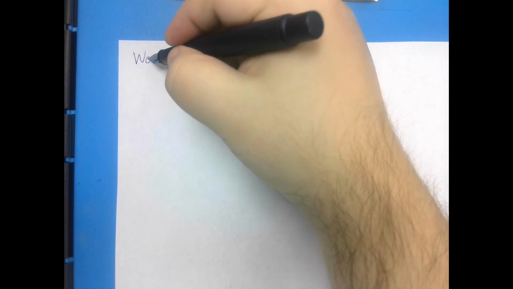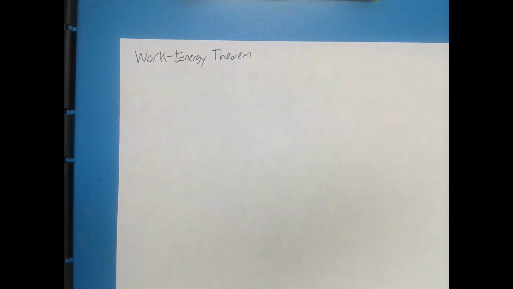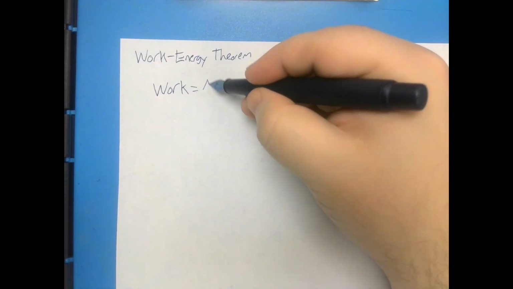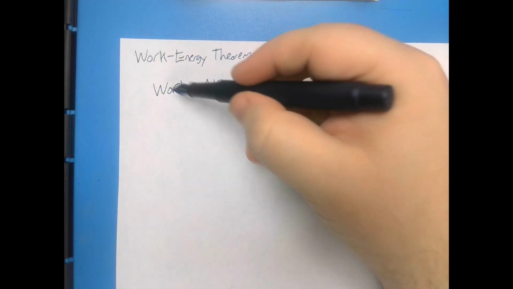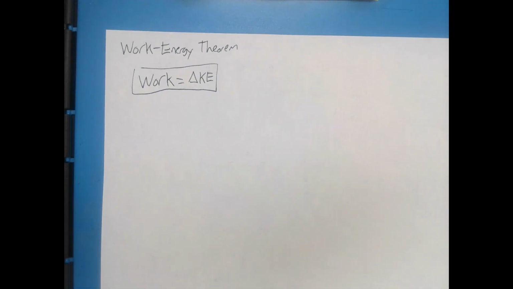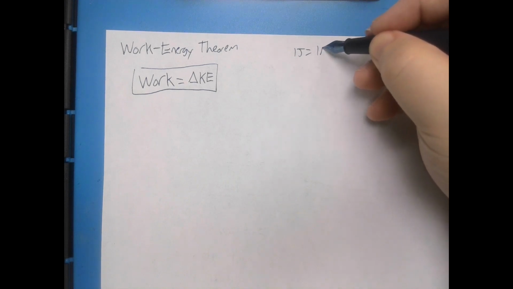Well, this gives us the reason why work is important, because we have the work energy theorem. Work is equal to the change in kinetic energy. This is why work can also be written in joules, because it's a change in energy. We usually let work be Newton meters, but just know that 1 joule is equal to 1 Newton meter.